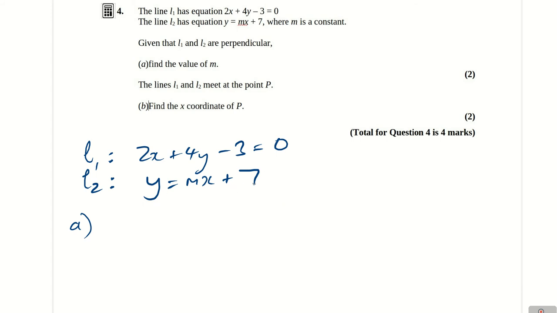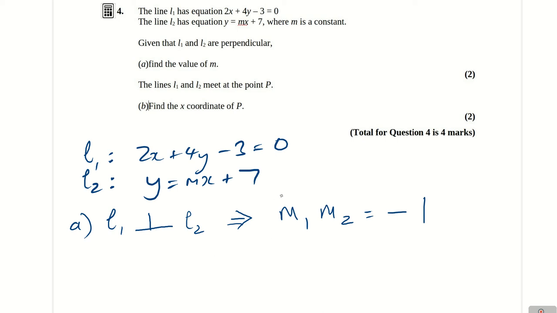they've given us c is 7, but they haven't actually told us what m is, and that's what we have to find in part A, because it tells us that L1 and L2 are perpendicular. Now if they're perpendicular, it means the gradient of the first line multiplied by the gradient of the second line must equal minus 1.